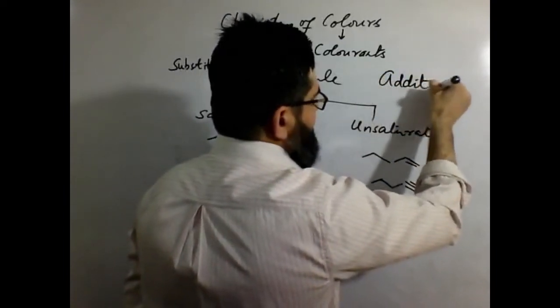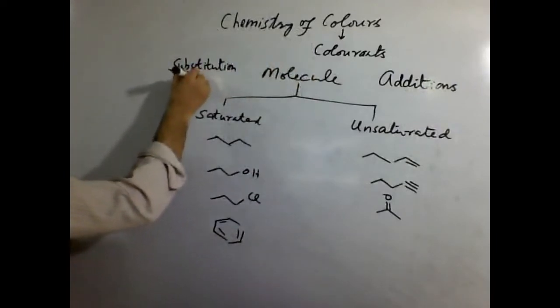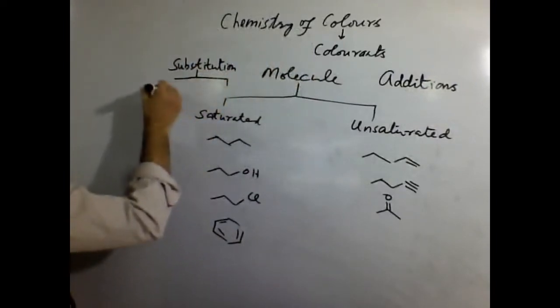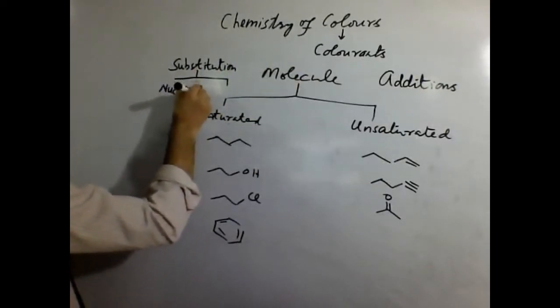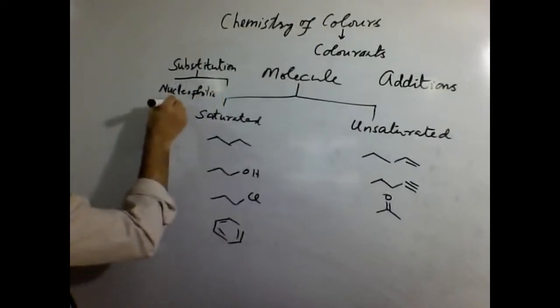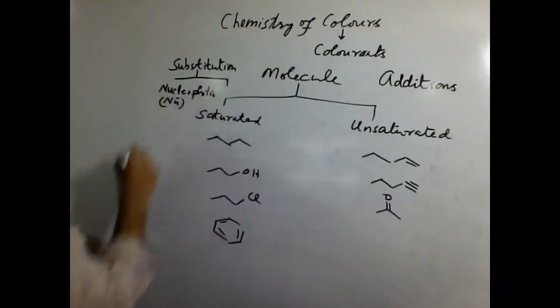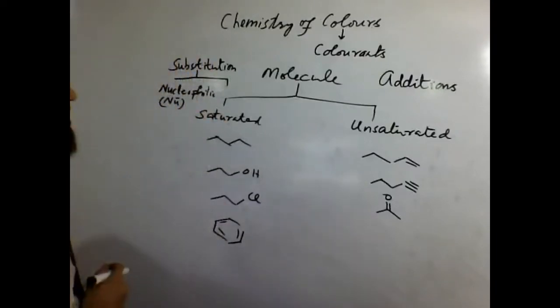Further, the substitution is supposed to be of two types. One is called nucleophilic. We denote it generally by writing Nu negative, somebody having negative charge, that is supposed to be a nucleophilic species, and if it gets involved in any reaction, that is called a nucleophilic reaction.